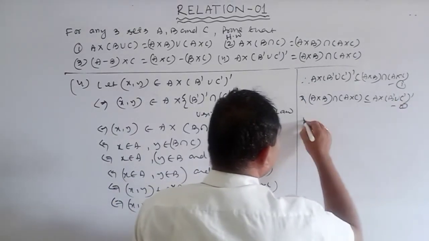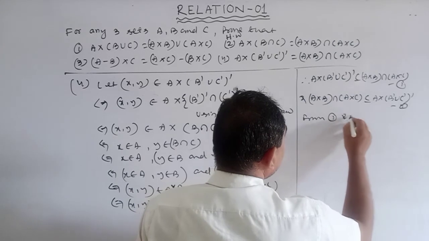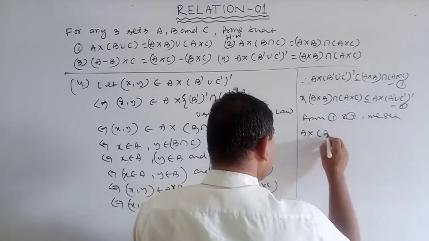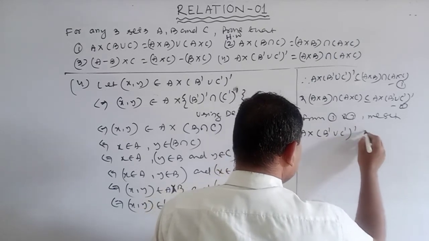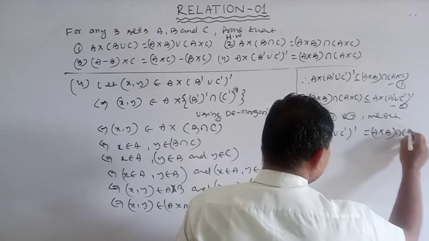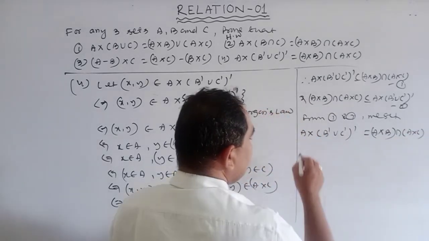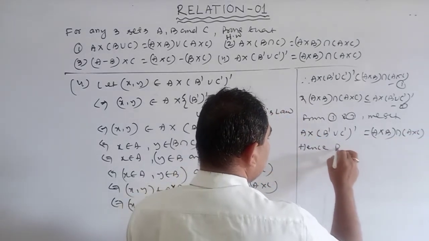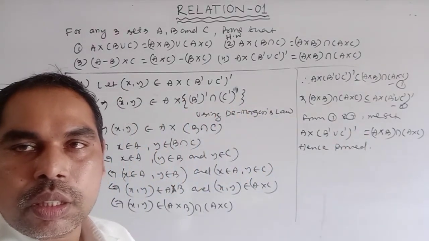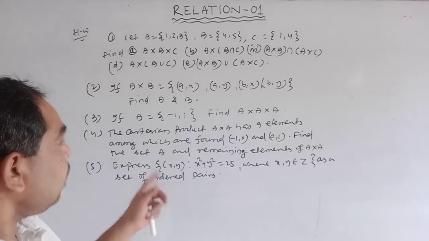From 1 and 2 we get A into (B' union C')' is equal to A into B intersection A into C. Hence proved. These are the homeworks for you.